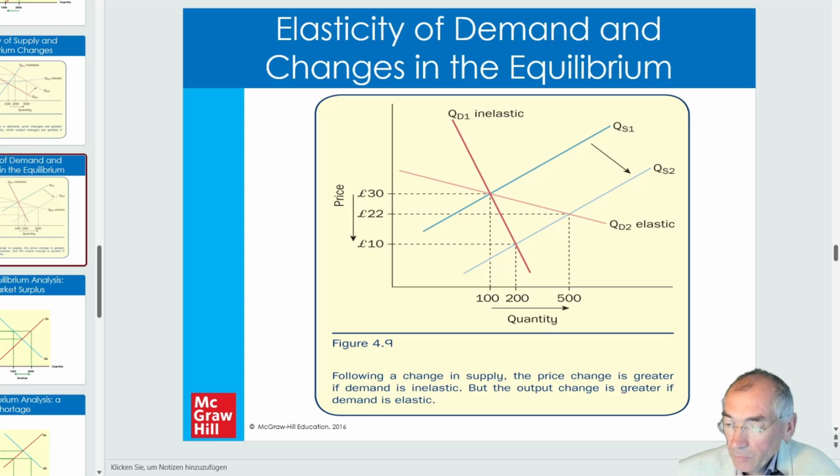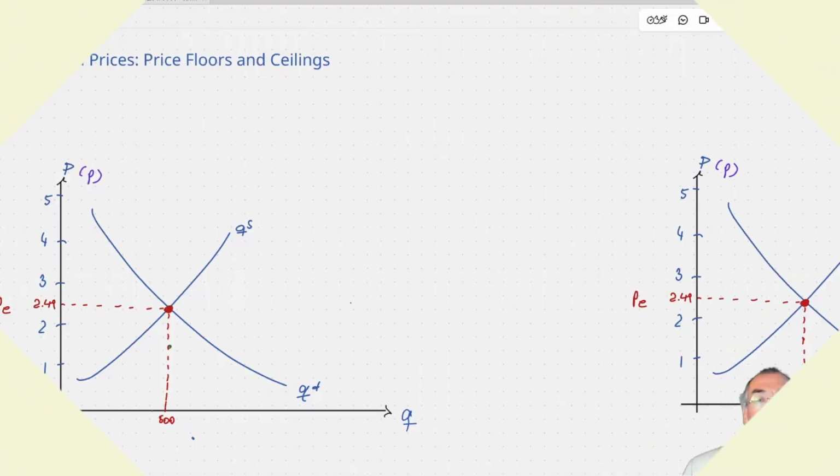You have the different figures, 4.9 and 4.8, and you can discuss and see what the effects are. And most importantly, what can we learn? We as firms, or you as managers in firms, what can we learn from the different elasticities and reactions in order to follow our goals as firms?